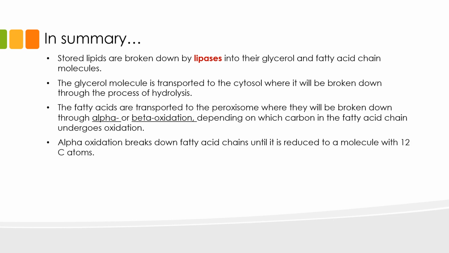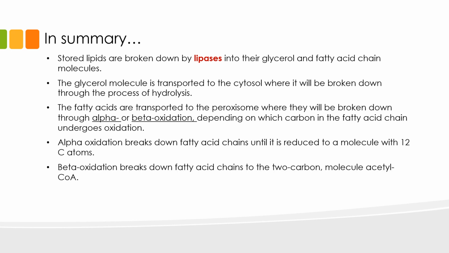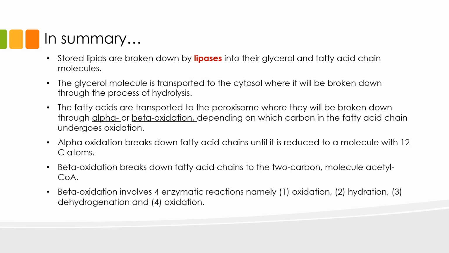Alpha oxidation breaks down fatty acid chains to a 12-carbon molecule. Beta oxidation breaks down fatty acid chains to 2-carbon molecules known as acetyl-CoA. In germinating seeds, the breakdown of fatty acid chains is mostly through the beta oxidation pathway. Beta oxidation involves four enzymatic reactions, namely oxidation, hydration, dehydrogenation, and oxidation.